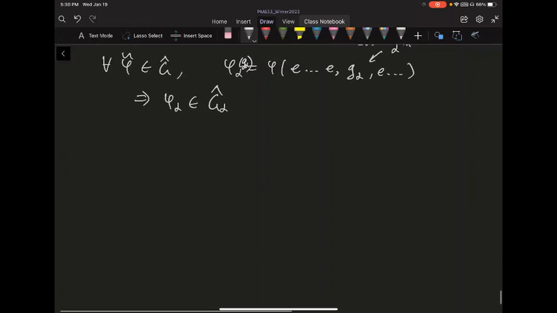So how do I show that? Let's pick an open neighborhood of the identity, V contained in G, that's open.